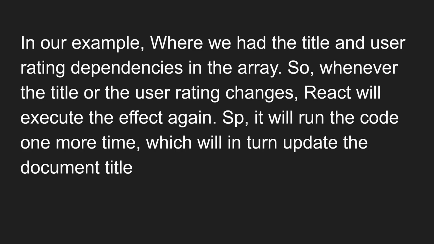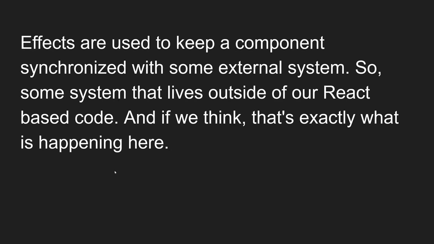In our example, with title and userRating in the array, whenever the title or the userRating changes, React will execute the effect again, which will in turn update the document title.